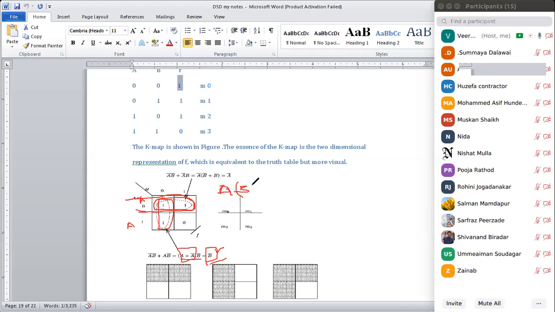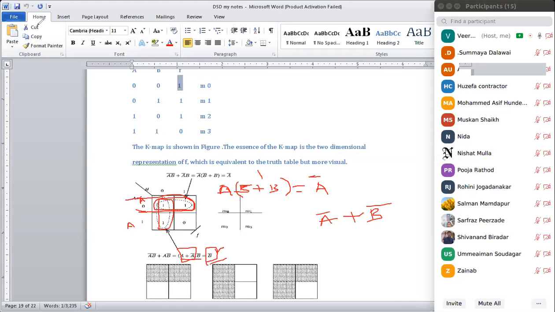B bar plus B. But what is B plus B bar? It is 1. So 1 into A bar, what will I get? A bar. Okay. So how many terms have I got from this whole table? It is A bar plus B bar.